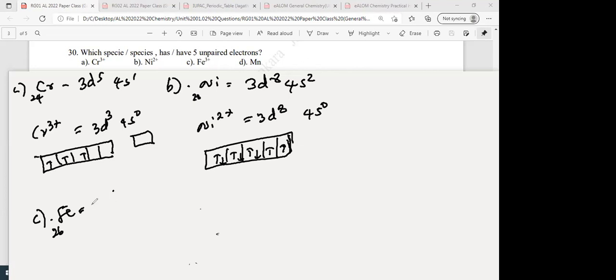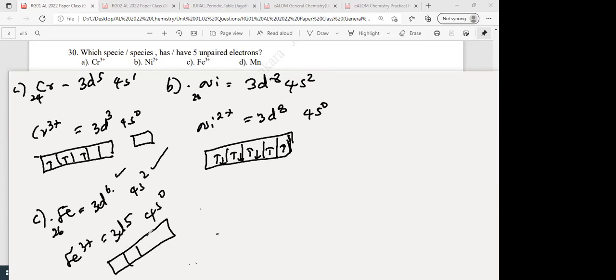When it becomes Fe3+, how many unpaired electrons? 2 gone from 4s and 1 gone from 3d. Then it becomes 3d5 4s0, which means it has 5 unpaired electrons in d. 1, 2, 3, 4, 5.